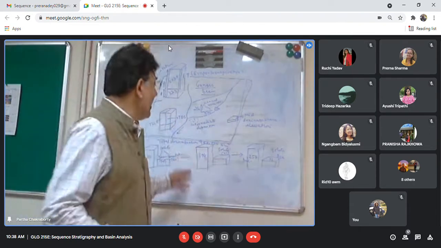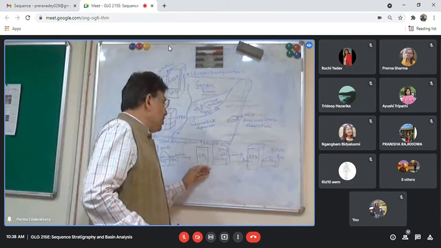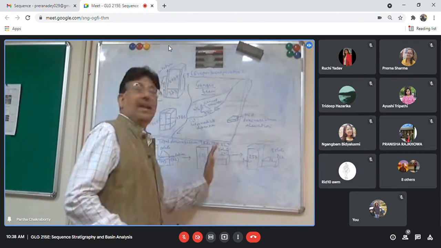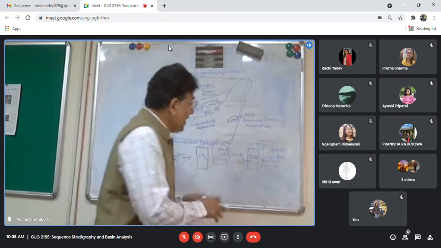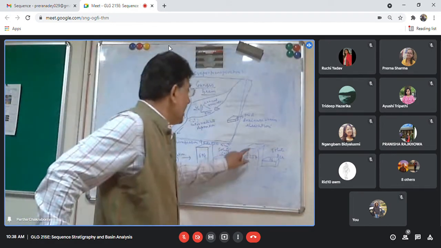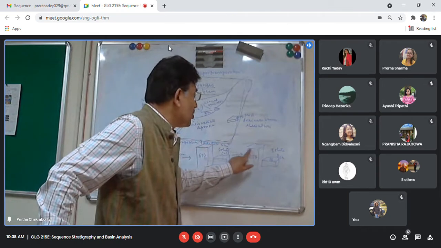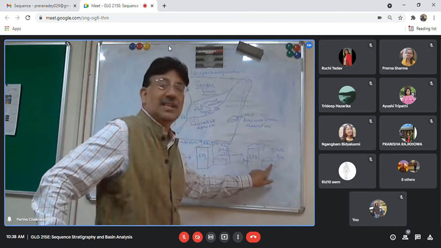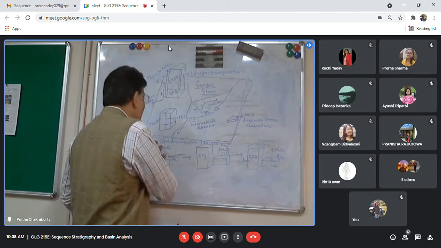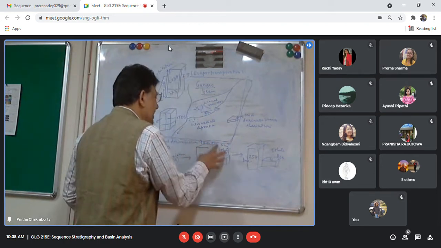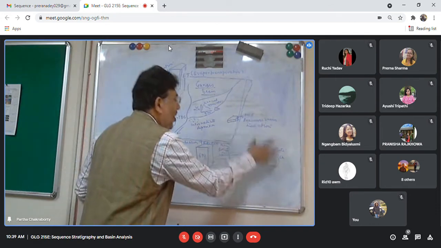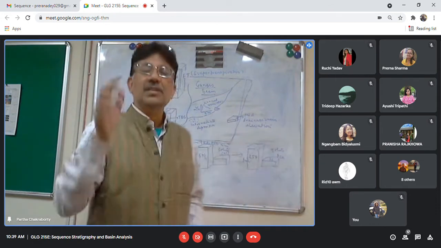Now, in the case of some tributaries, these tributaries may add this kind of mechanical and solute load. But finally, when you are reaching the basin, you are getting mechanical 257 and solute 16. That means this entire river system and its tributaries, which have different figures, may not reach the main basin with the same figure.